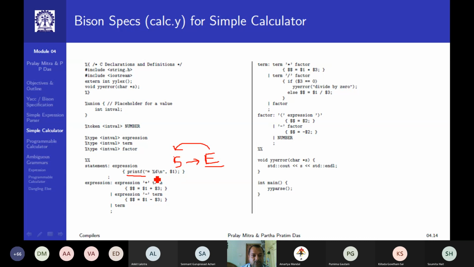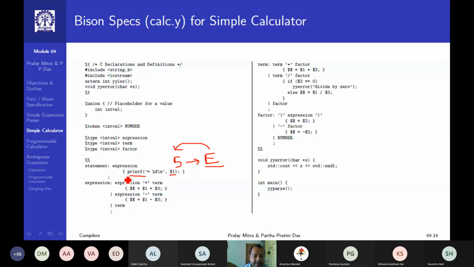So printf "%d", $1. $1 means that in my string, the first one, either terminal or non-terminal, is considered as $1. Okay, so I am printing that one, and that is my action for expression.